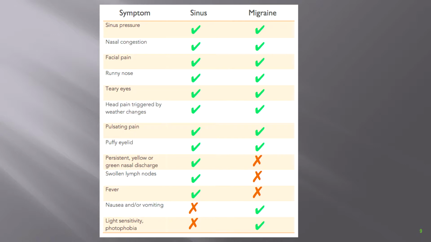They have almost similar features, but this one they don't have persistent yellow-green nasal discharge, fever and lymph nodes, if they have. So this is a highlight. This is an extra slide to tell you: headache, do consider sometimes it's a rhinogenic headache.